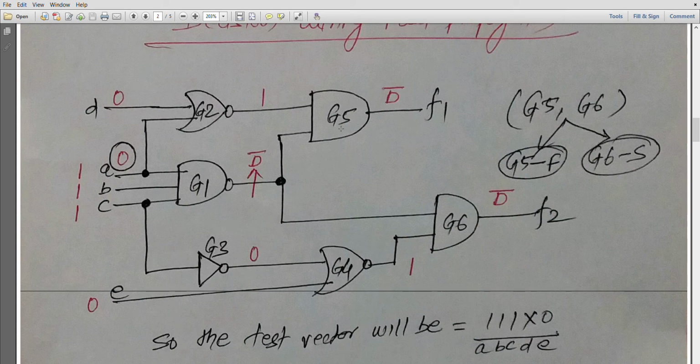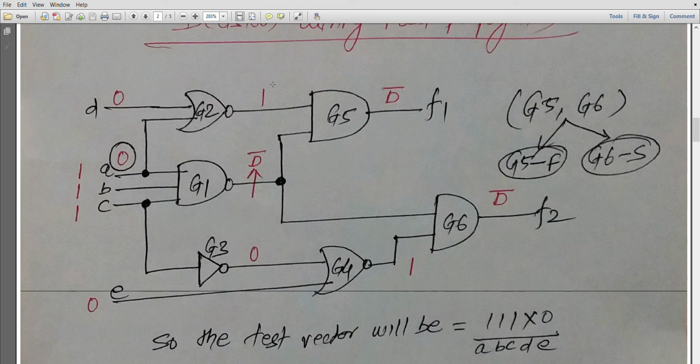If any of the inputs is 0, then irrespective of the second input, the output will always become 0. So do we want that? We do not want that. What we want is that this D bar should travel to F1, and without a change in this logic, it has to be D bar. So what is the non-controlling value for this AND gate then? It has to be 1.